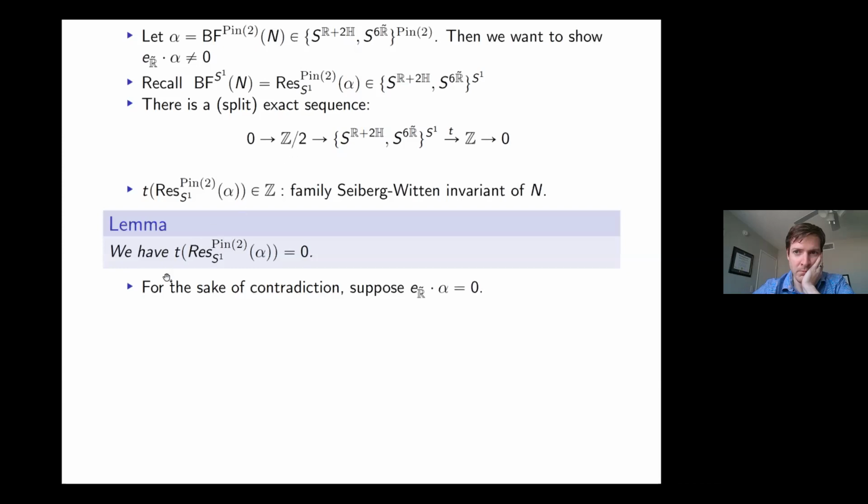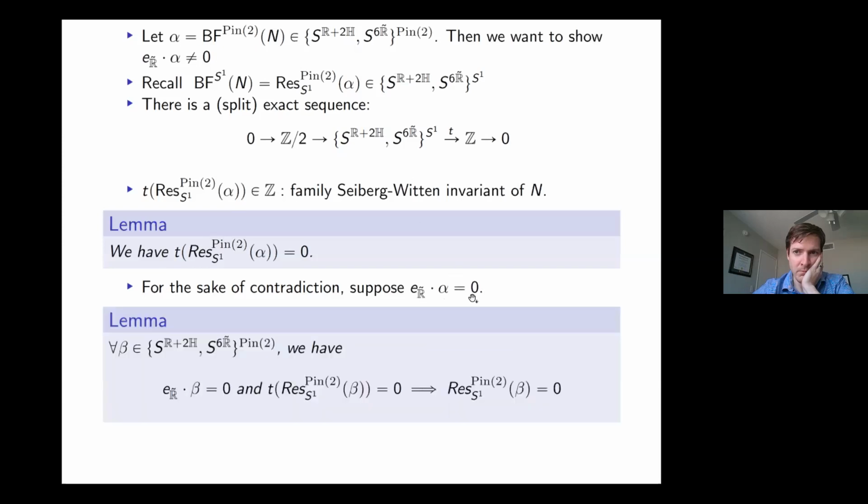Now we prove by contradiction. Suppose ER tilde times alpha equals 0. By a not too hard computation in equivariant stable homotopy theory, one can conclude that any beta in this group that satisfies both conditions, namely that it is annihilated by this Euler class and has vanishing Seiberg-Witten invariant, has restriction to the S1 group equal to 0.